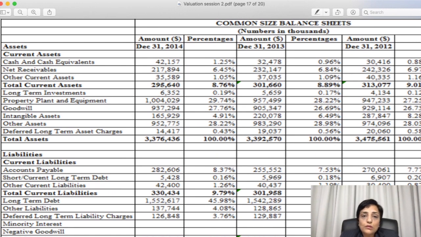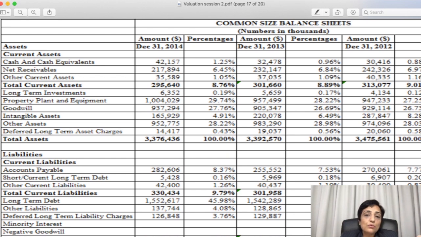So these percentages help us in projecting the numbers of receivables, suppliers and inventory. That's why these are important. When we look at the fixed assets, we get the percentages here, and if it is a stable industry, or we are not projecting very high growth rates, then this will remain quite stable.